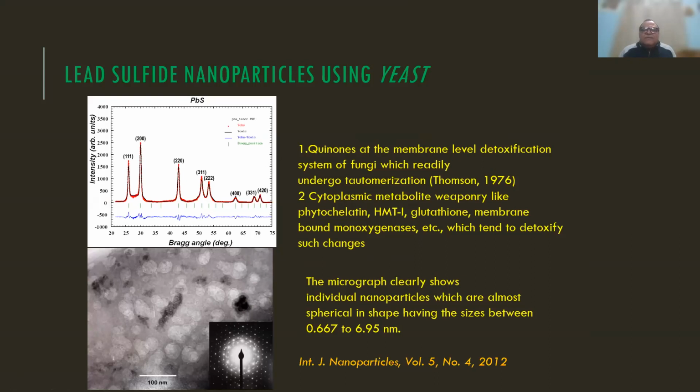This is membrane bound quinone, then they have cytoplasmic metabolite weaponry, phytochelatin, HMT1, glutathione, other monooxygenases, etc. The result was we got it in the domain of sub-nanometers, 6.67 angstroms, and the highest was 6.95 nanometer lead sulfide nanoparticles. It was quite encouraging to us.